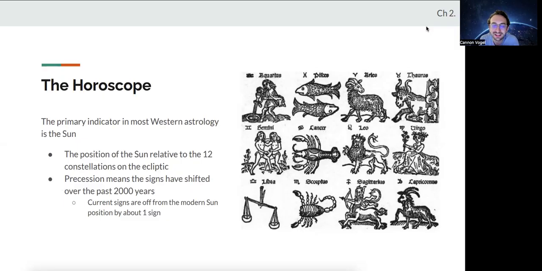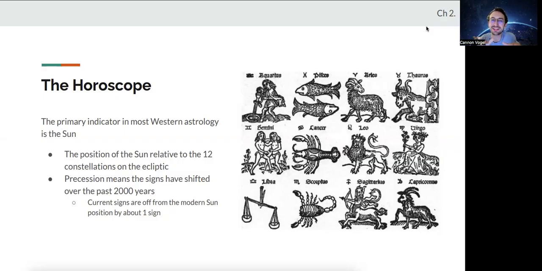So if you, I forget the order they're off in, but I think if you think you're an Aquarius, by modern analysis, you would maybe actually be a Pisces or something like this. Of course, based on your sun sign. You can also ask where other wandering objects, so the moon and all the planets, are relative to these constellations.